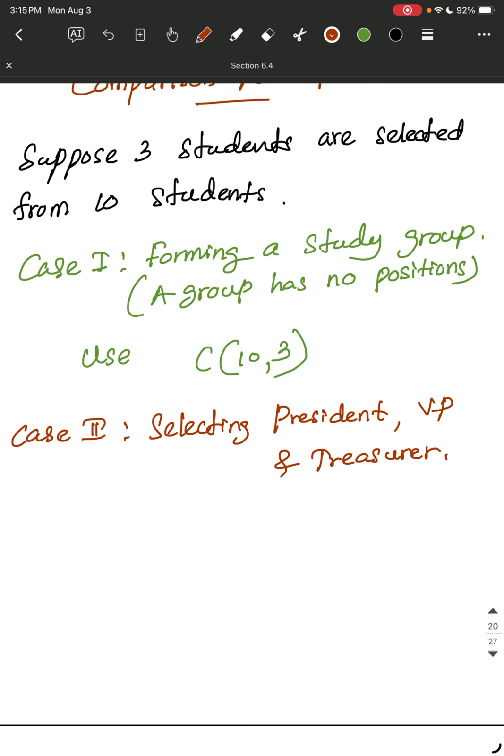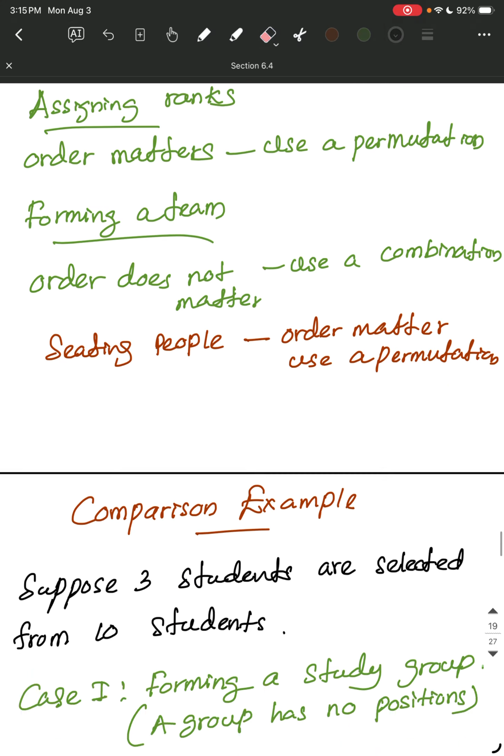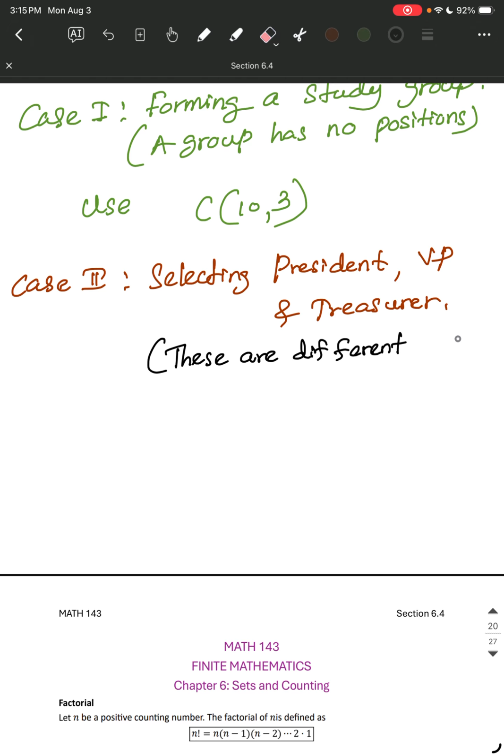Permutation, select 3 out of 10. The same 3 people assigned to different officers produce different outcomes.